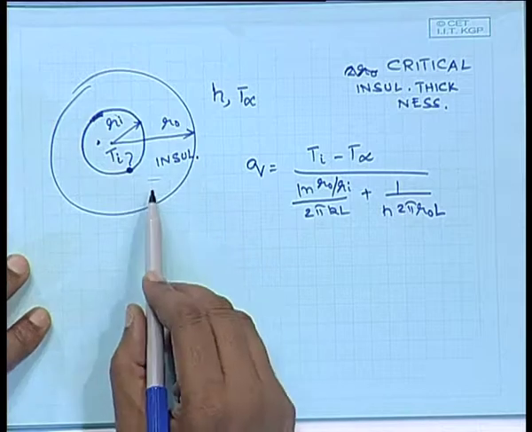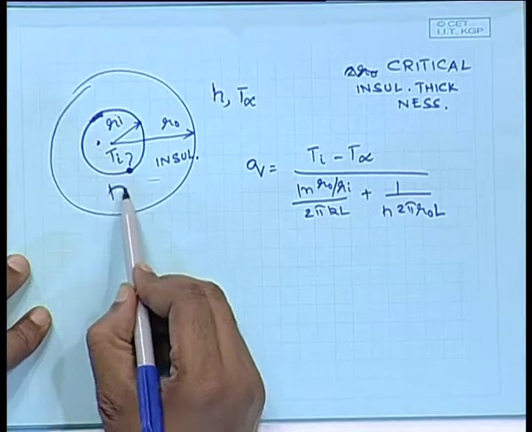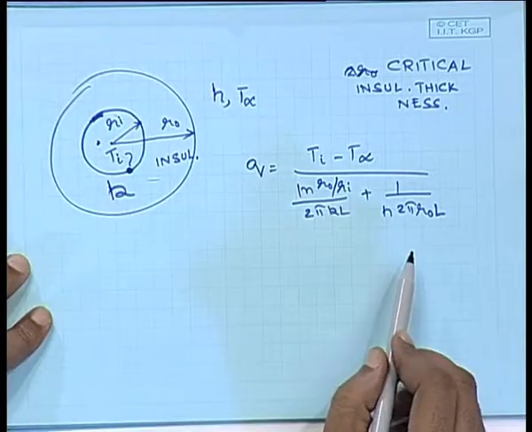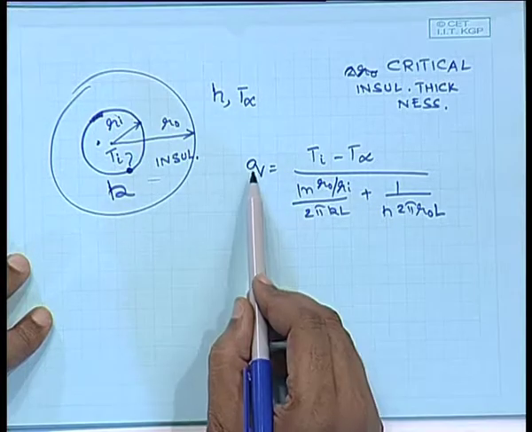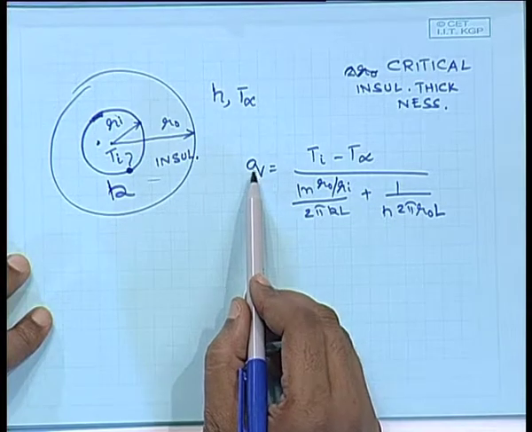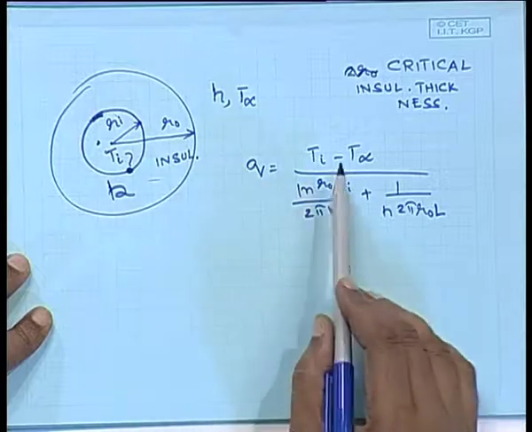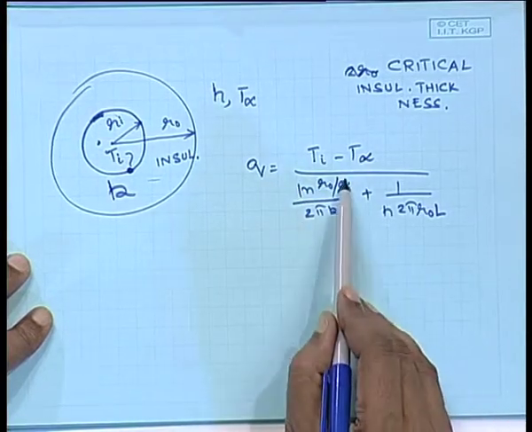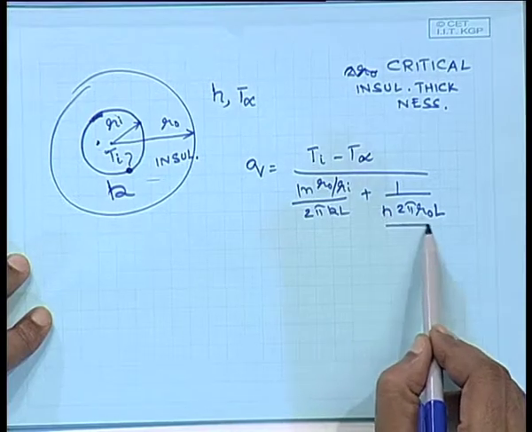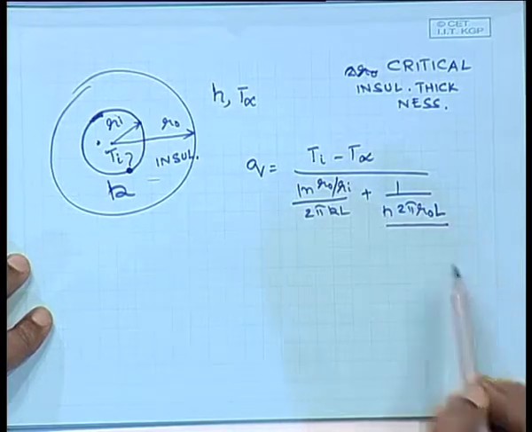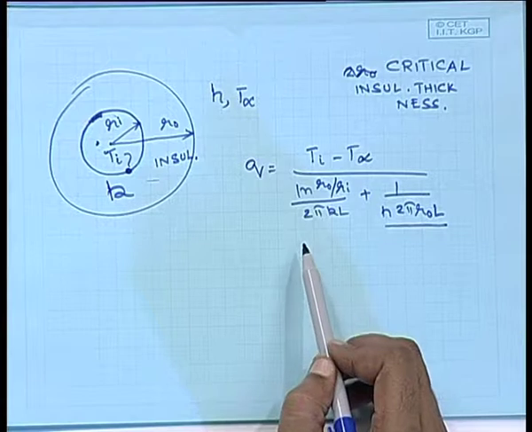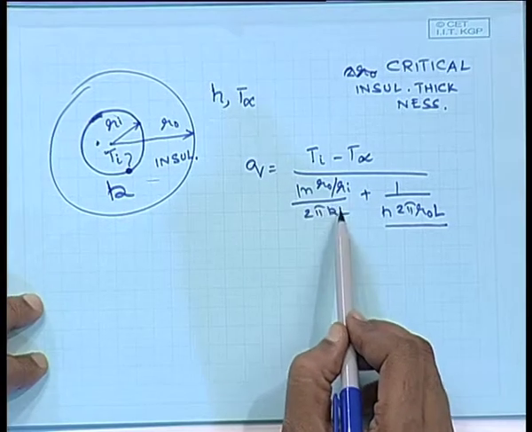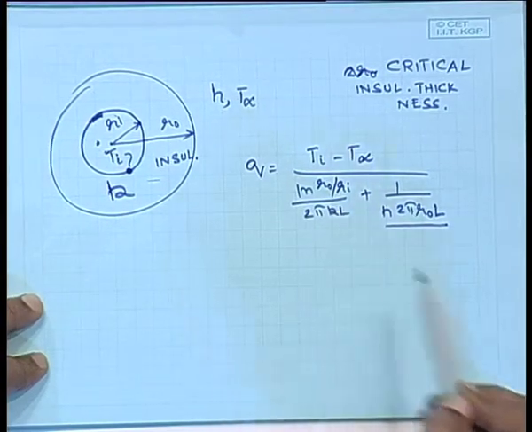If the insulation thermal conductivity is K, the amount of heat lost from the pipe to the outside is simply going to be delta T divided by the sum of resistances. One resistance is a convective resistance, which we know is 1 by HA. The other resistance is conductive resistance.